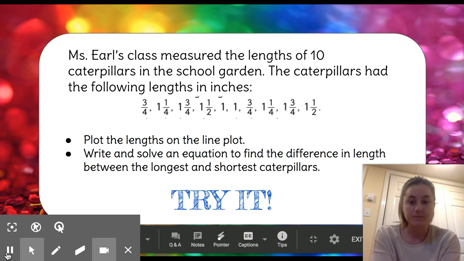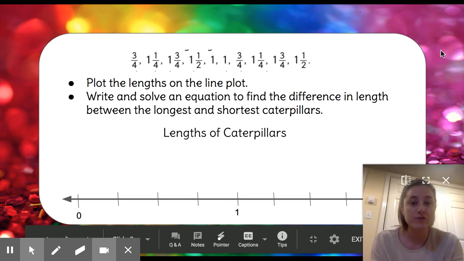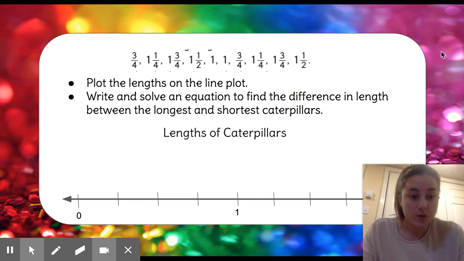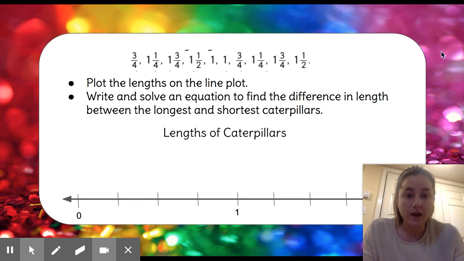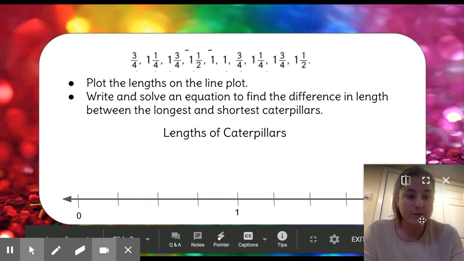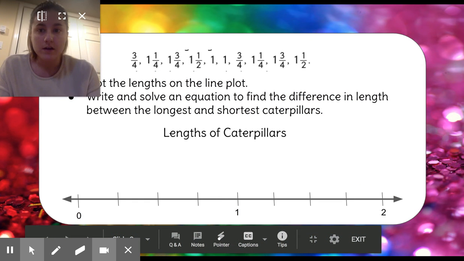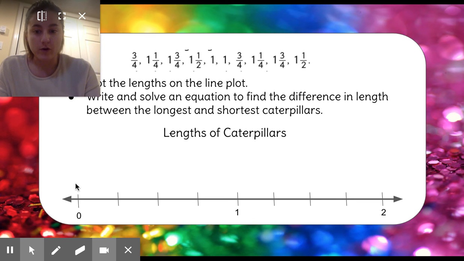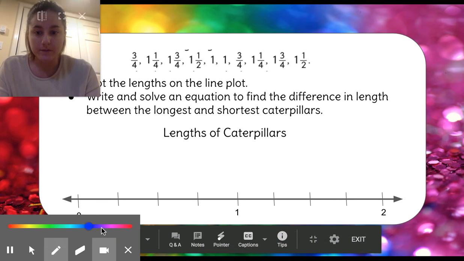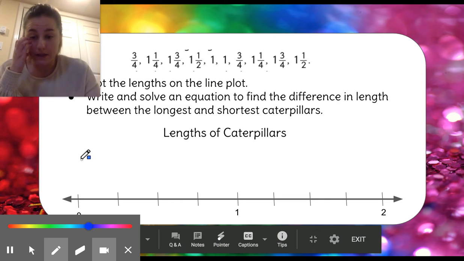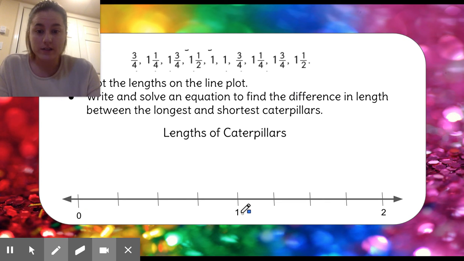Try it. Okay, now that you've tried it, that was kind of tricky. You had to come up with a scale for your number line, and since most of the denominators end in 2 or 4, we're going to create a number line that goes by fourths. So here is my number line. Between 0 and 1, it's cut into fourths.